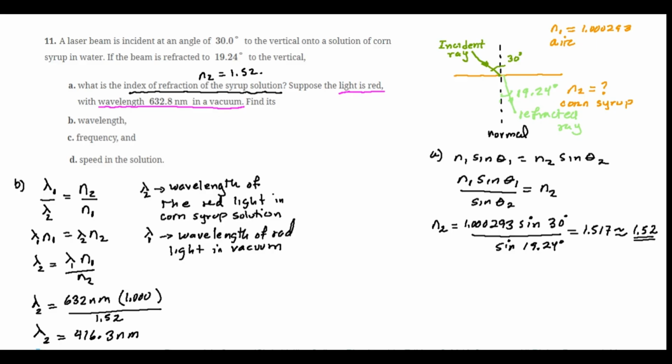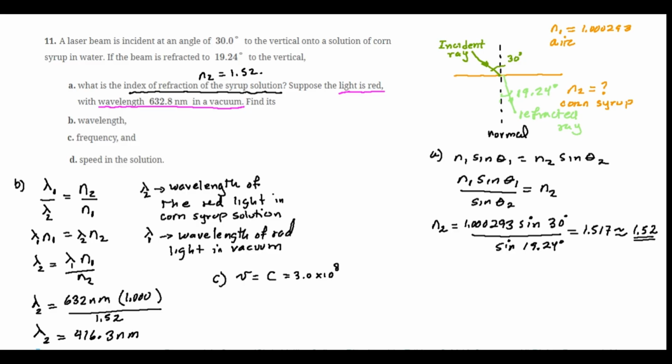Now, they also ask you to find the frequency. We know that in vacuum, the speed of the light beam, in this case this red light, is equal to the speed of light, 3.0 times 10 to the 8 meters per second.